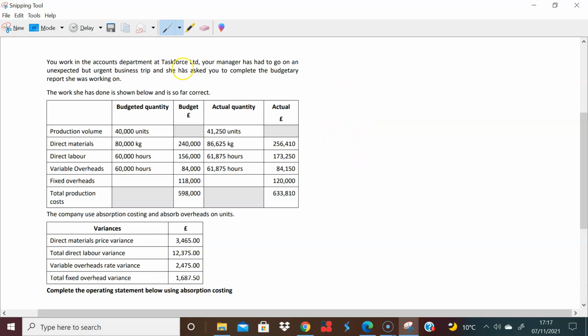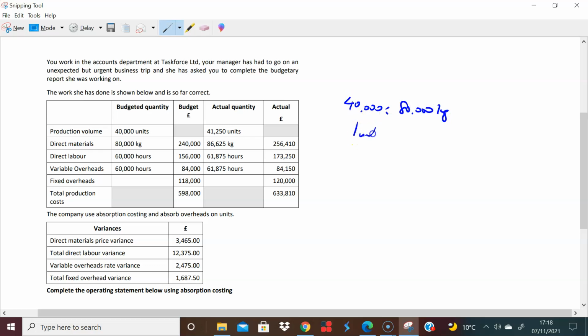So let's begin. We have a situation where we have the budgeted information, and we're going to flex that information around 41,250, but we need the original information to start with. We know that we have a budgeted production volume of 40,000 units. Let's start with materials. You are expected to use 80,000 kilograms to make these 40,000 units.